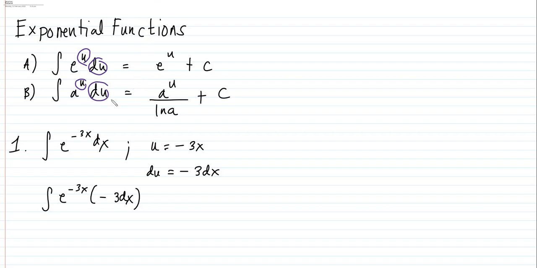All elements are present except for the negative 3, which will be balanced out by use of the balancing factor, the reciprocal of the numerical coefficient that we have introduced because of getting the differential. You already know that. Let's just apply the formula here. We have negative 1/3 as our balancing factor, and then write e raised to u plus c. So e raised to negative 3x plus c.